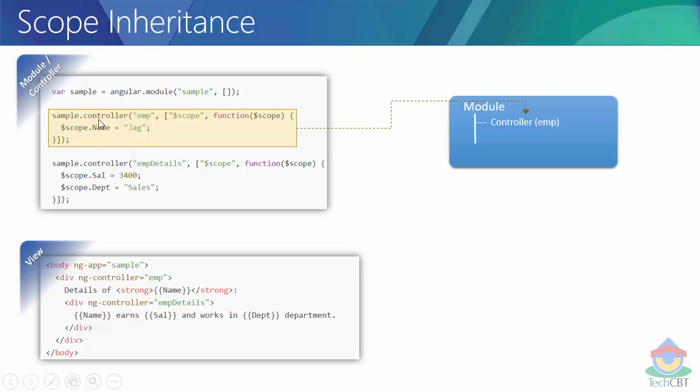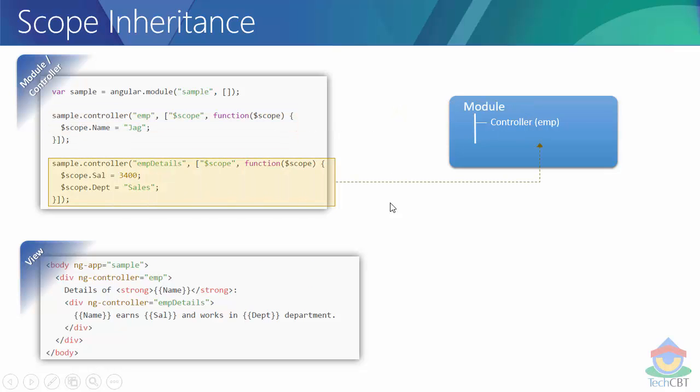And whenever you create the controller, you can see we are attaching it to the same module called sample, which has been defined earlier. So now the same module has a definition of a new controller called EMP. And the next statement creates a new controller called EMP details as part of the same module.